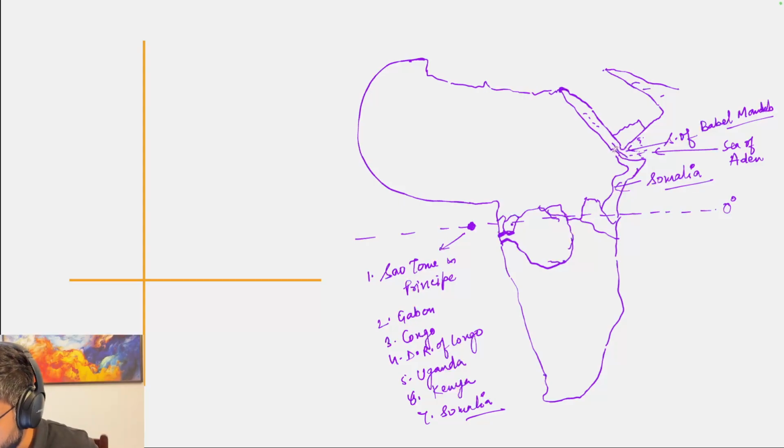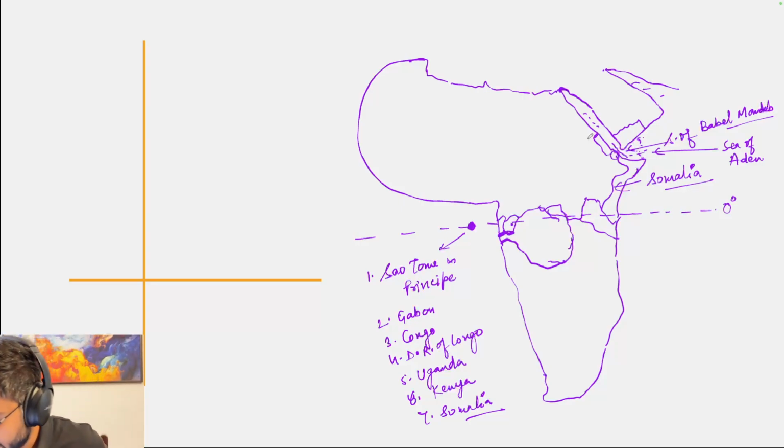This country I told you, Djibouti, and here Eritrea. So basically the Strait of Babel Mandeb is separating Yemen on the Arabian Peninsula side and Djibouti and Eritrea on the African continent side.